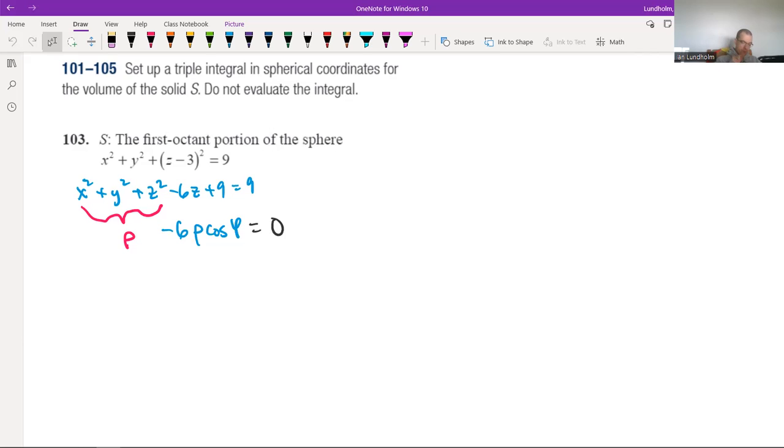So we've translated this into spherical coordinates, and I think we could do even just one better by pulling out this common factor of rho and seeing that we've got rho is equal to 0, or... wait a second.